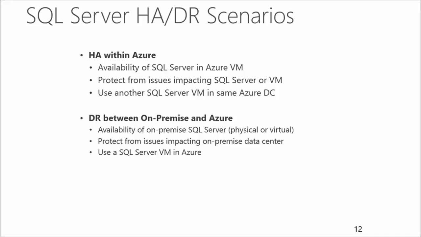The second scenario is achieving disaster recovery for your on-premise SQL Server. The SQL Server that you're running today in your company, you may want to protect it in case your full data center, for example, becomes unavailable. You can have one or more copies running in Windows Azure, so that in case your on-premise environment is unavailable, you can fail over to that copy in the cloud and continue running your applications there. Okay. Got it.